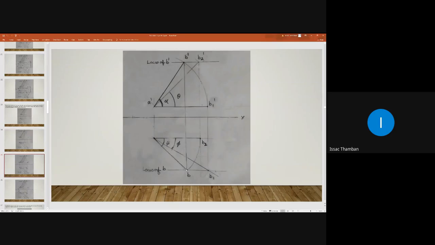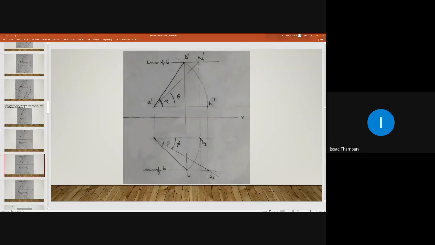So, if you are making line AB parallel to VP, what will happen to point B dash? B dash will move along the locus plane. Here we have the locus of B dash. It will move along this plane.